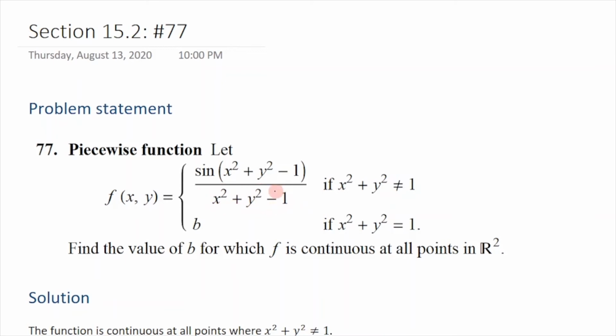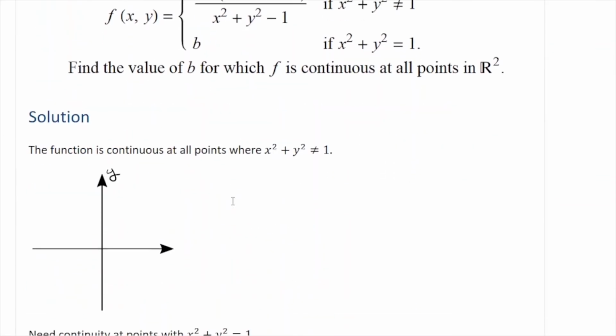And then when this denominator is 0, we have a value of b. So this is it. Now, you see that if I transfer 1 to the left-hand side, I'll get the denominator. That's why I'm saying when the denominator is 0, that's where you get this expression. And this is the value of the function in this case.